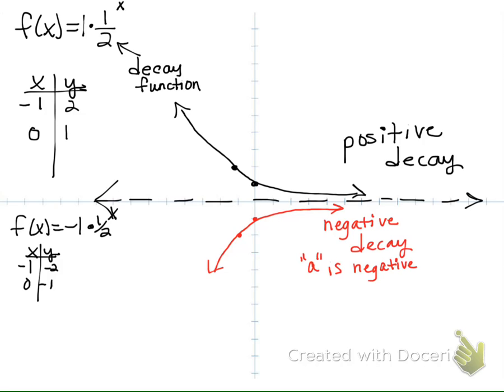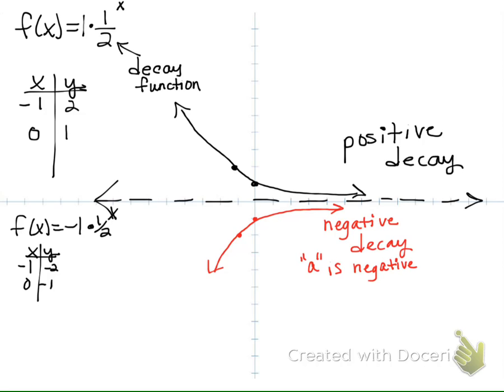The B value is what we're looking for to decide if it is growth or decay. The b value decides growth or decay. If the b value is bigger than 1, then it's growth. If the b value is between 0 and 1, it's decay. And that's how that works.